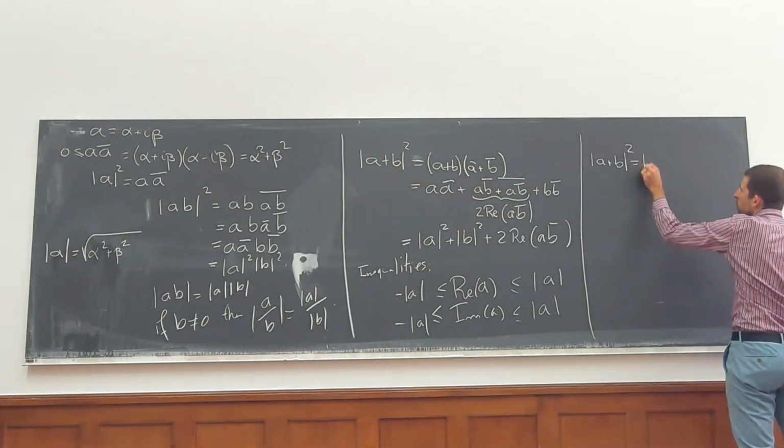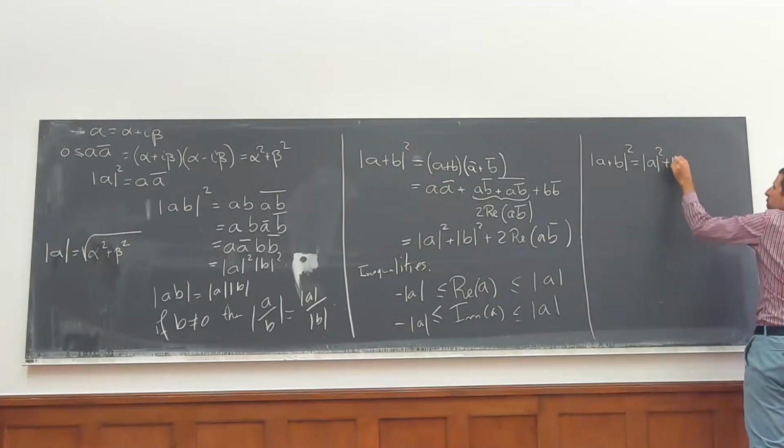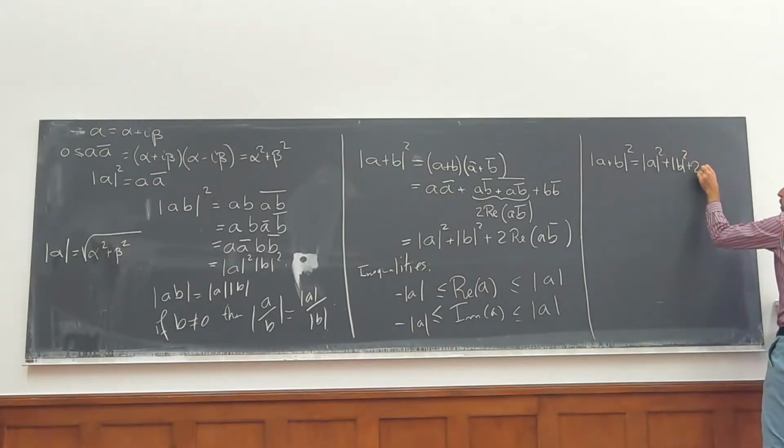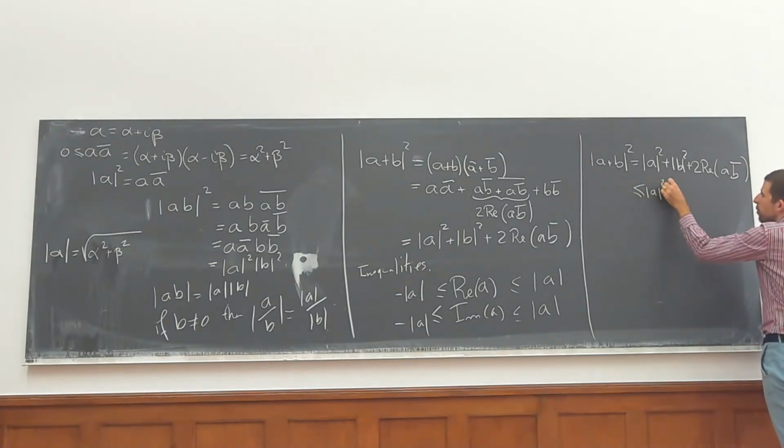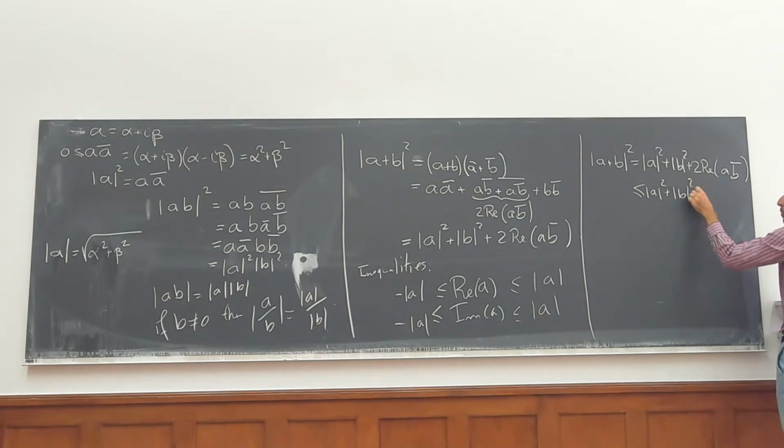We have the norm of A squared plus the norm of B squared plus twice the real part of A B conjugate. Because of the inequality, this is smaller or equal than the norm of A squared, the norm of B squared, but now I get to replace the real part by the norm of A B bar.